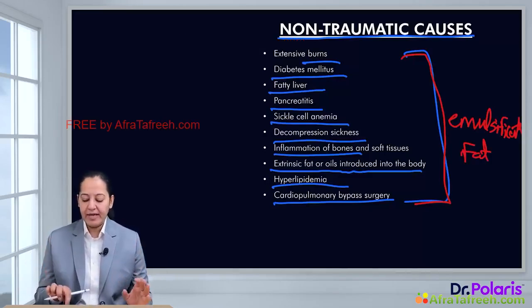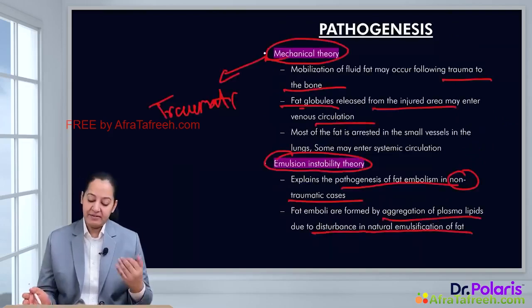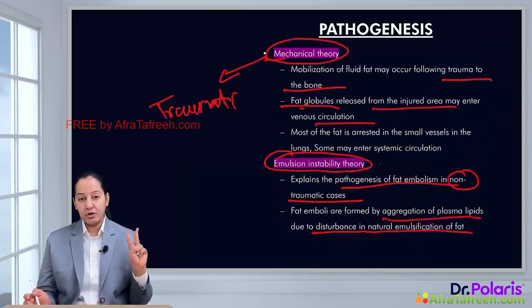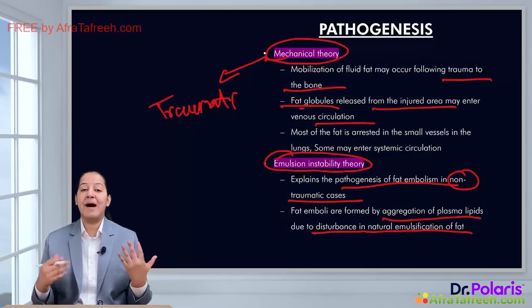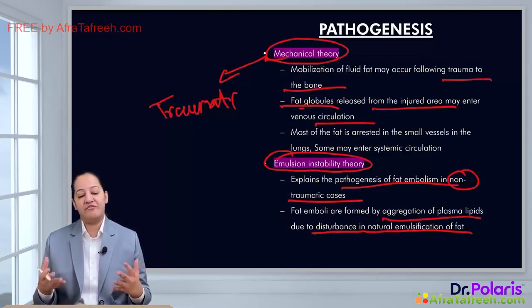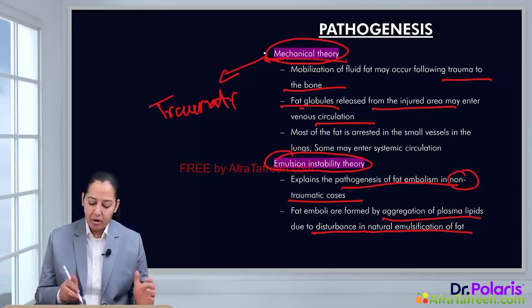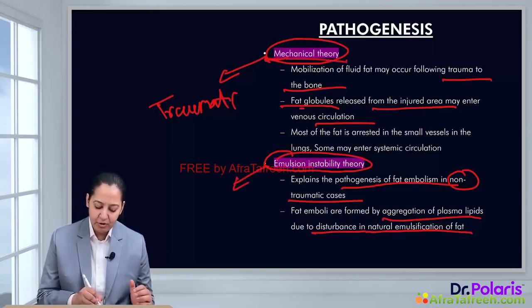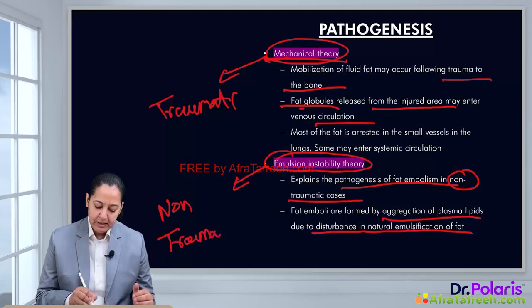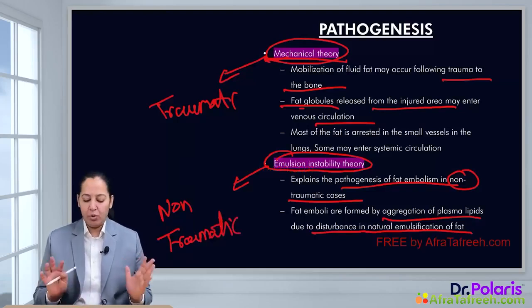So there are two theories which explain the pathogenesis of fat embolism. The mechanical theory explains the traumatic causes and the emulsion instability theory explains the non-traumatic causes.